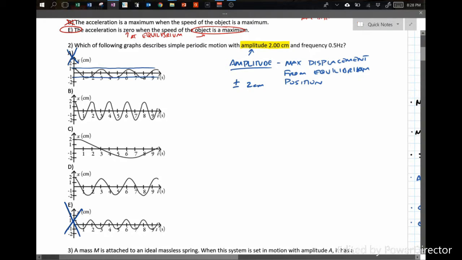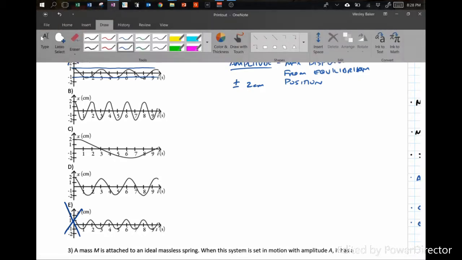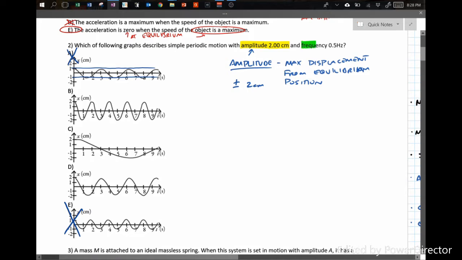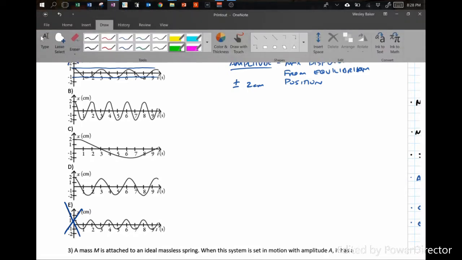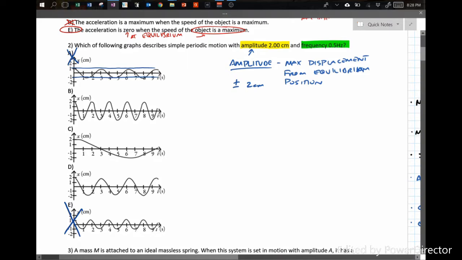So, other words that we need to know from this sentence, we need to know what frequency is, and then its corollary, the period. So frequency, that is the number of complete oscillations per second, or number of complete cycles per second.